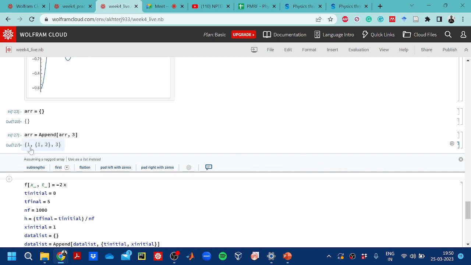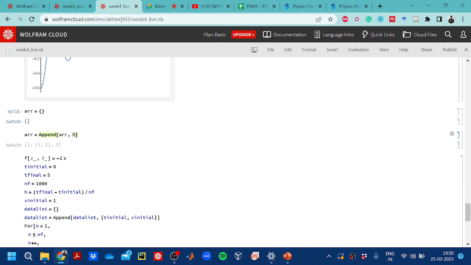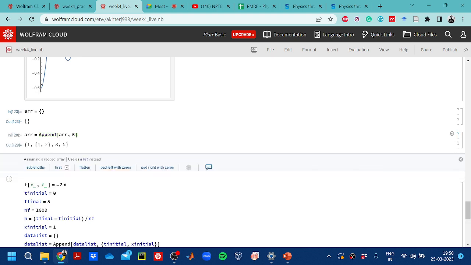You can see that the previous ones are already there, they are not erased, and the number that you are adding is stored next to the previous value. If we now execute this, 5 will be stored after 3. So this is the use of the append command. We can append any number to an array.